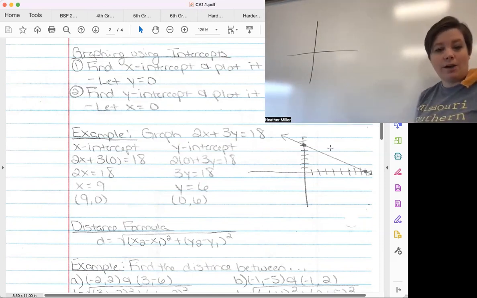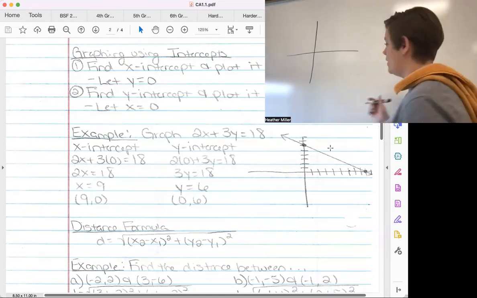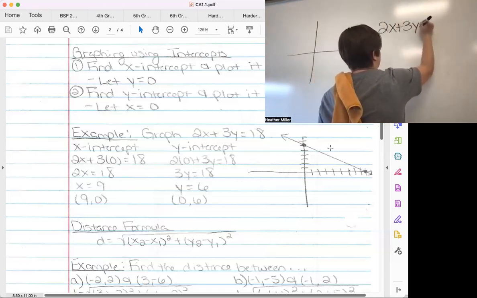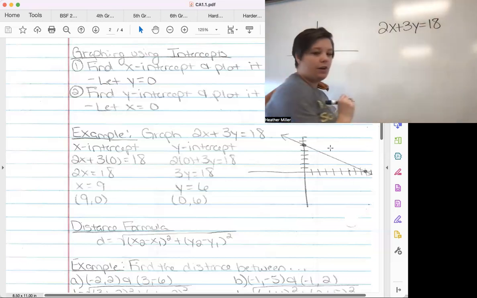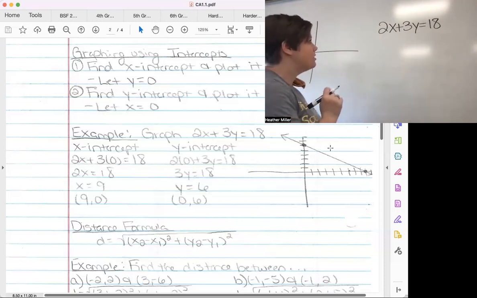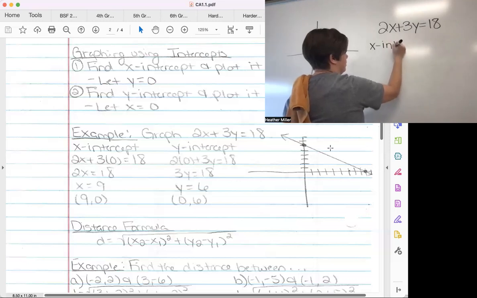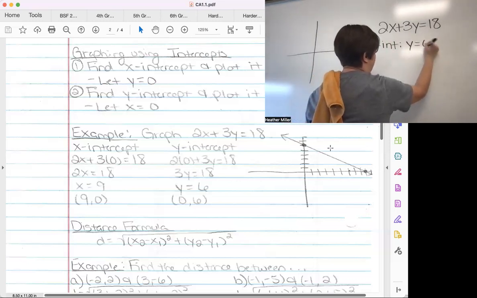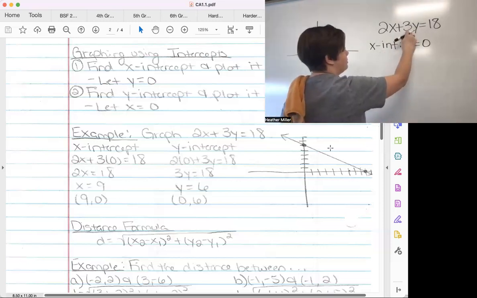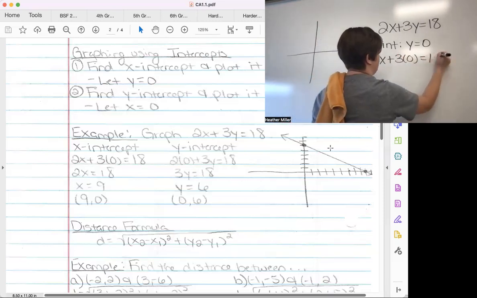So we are going to graph actually the equation we were just working with, 2x plus 3y equals 18. This is the one that we just verified whether or not two different points actually lied on it. So to find our x-intercept, we're going to let y equal 0, and then we're going to solve. So if I let y equal 0, 2x plus 3 times 0 equals 18.